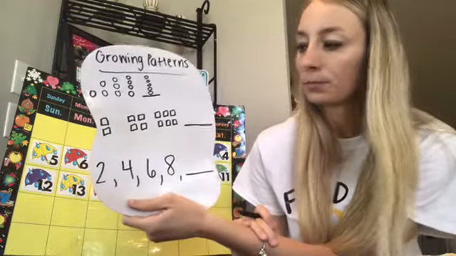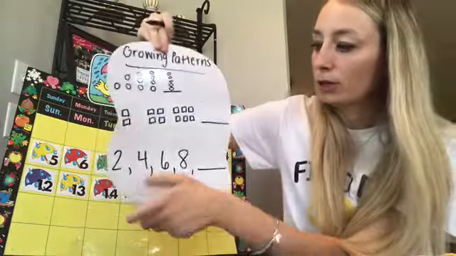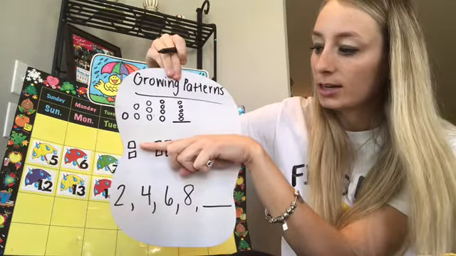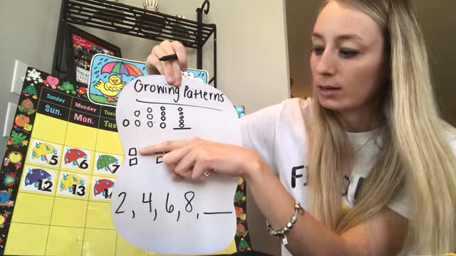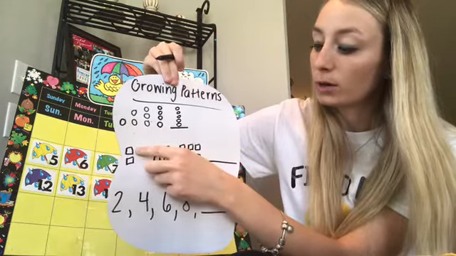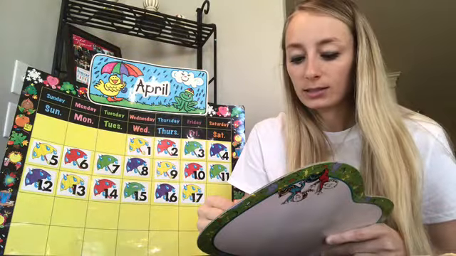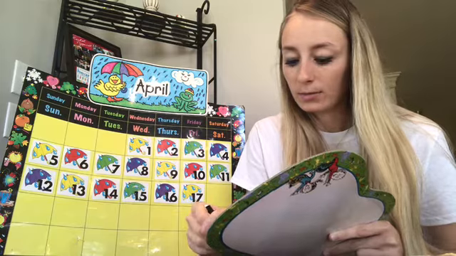ways. The way I saw it is I looked at them in different rows. Because on the top they were growing by 1 each time. If I was looking at the rows, it had 1 square on the top, then 2 squares, and then 3. So on the next, when I am extending the pattern, I would put 4 squares on the top.